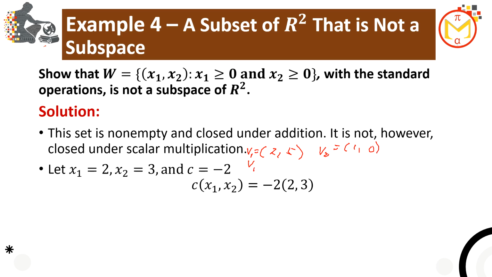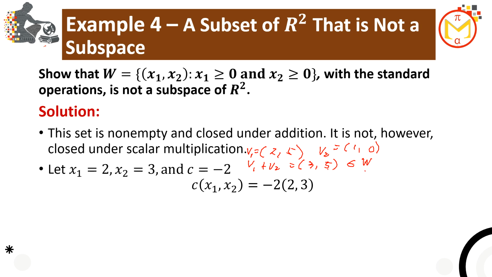So v1 plus v2 under addition, the result is 2 plus 1 is 3, and 5 plus 0 is 5. Still, the values 3 and 5 are non-negative, so the result still belongs to the subspace W. As long as we are adding positive numbers, the result will always be positive.